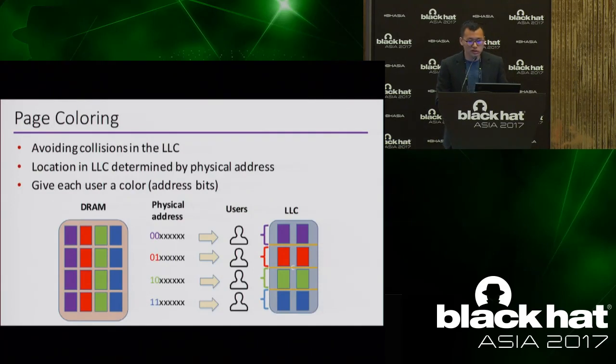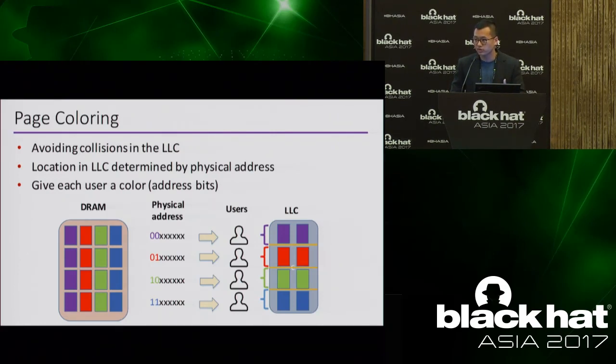So the next idea is page coloring. What page coloring means is that the operating system, when it assigns pages to processes, can actually look at the physical address. Certain physical address bits determine which cache set this page is going to map to.